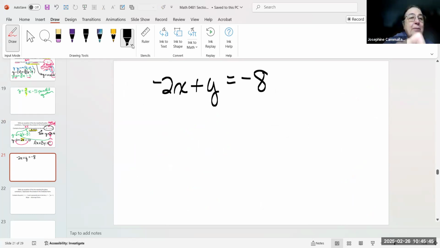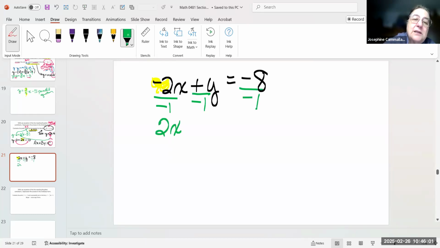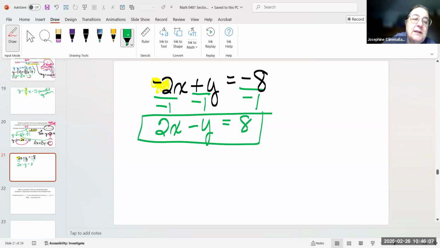Okay, but remember, this cannot be negative, which means I'm dividing everything by negative 1. 2x - y = 8. And if you'll notice, the initial equation is right here.